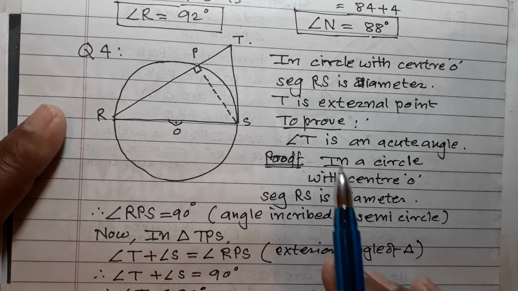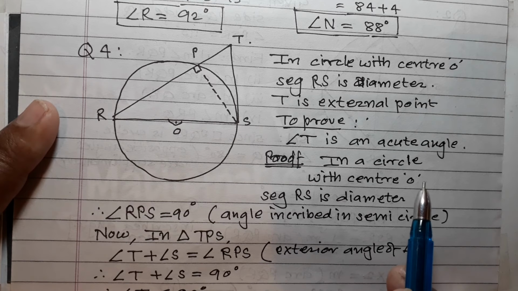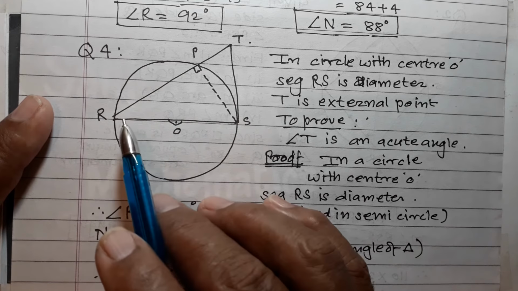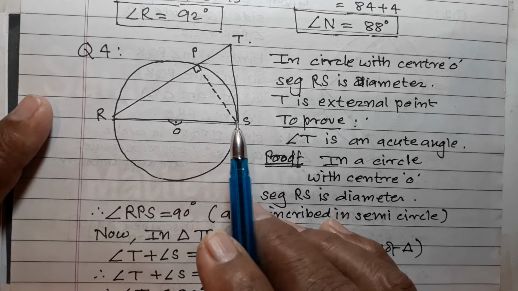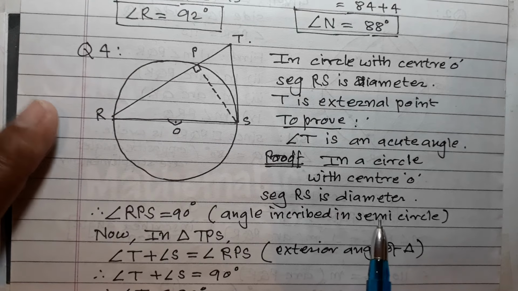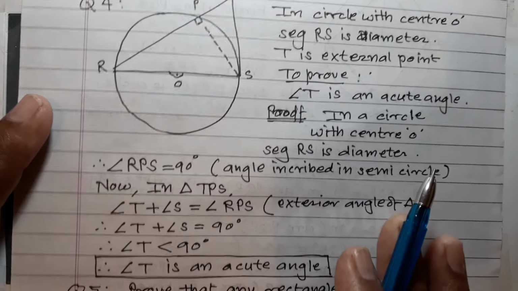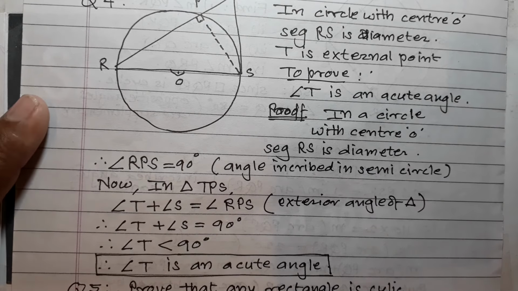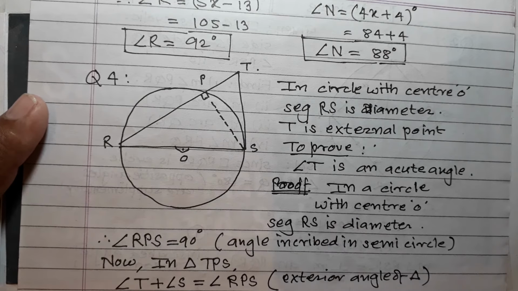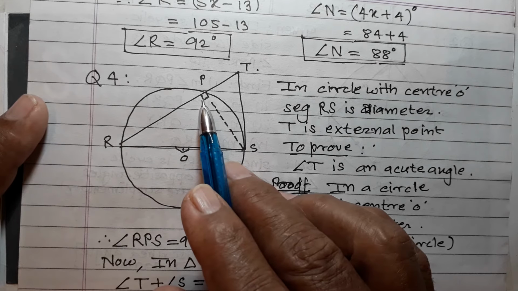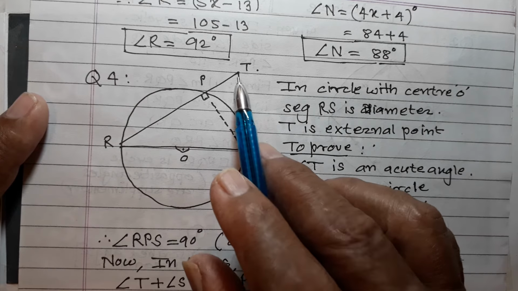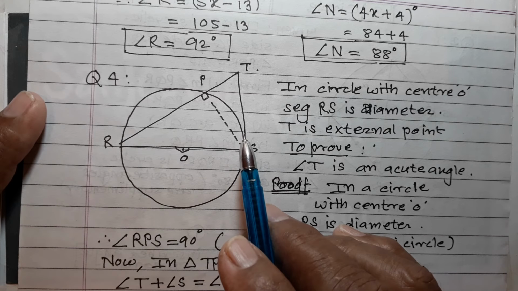Now in a circle with center O, RS is diameter, given, and therefore angle RPS is equal to 90 degrees, angle inscribed in a semicircle. Now in triangle TPS, this triangle, this angle is an exterior angle, and therefore angle T plus this angle is equal to what?